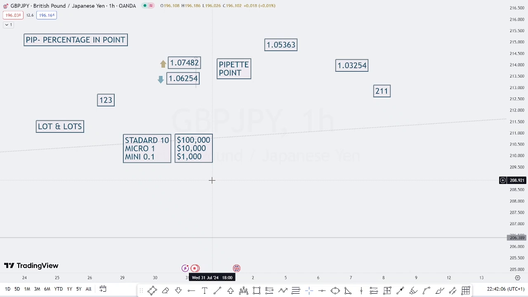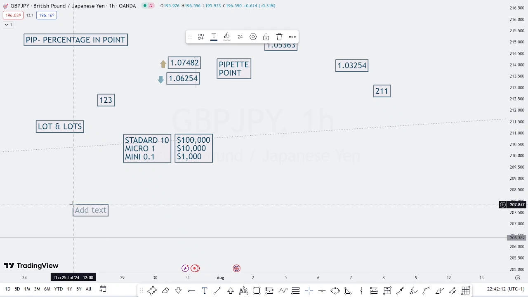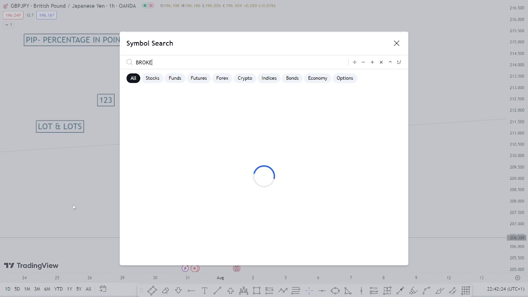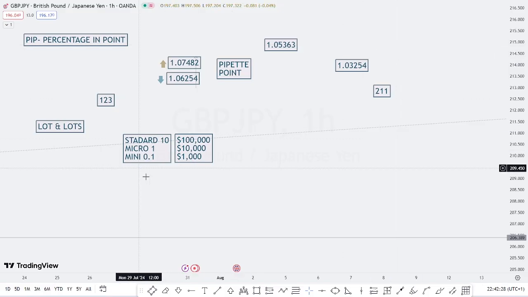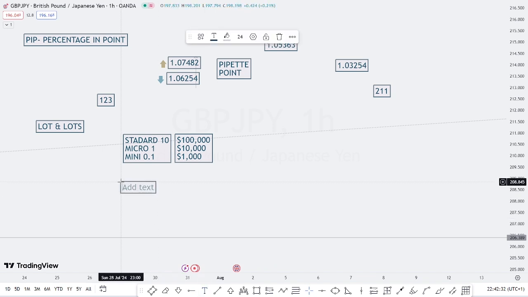That is where brokers now come in, because without a broker, even Happy cannot trade forex with that kind of money that he has. Because forex is meant for the big banks, for the institutional banks. Those people can trade with $1 billion.